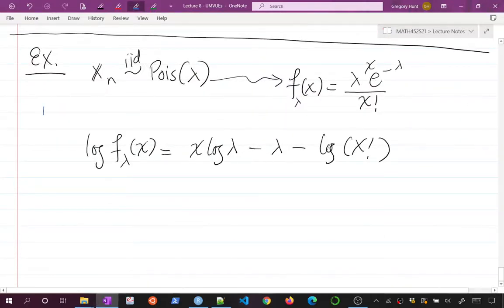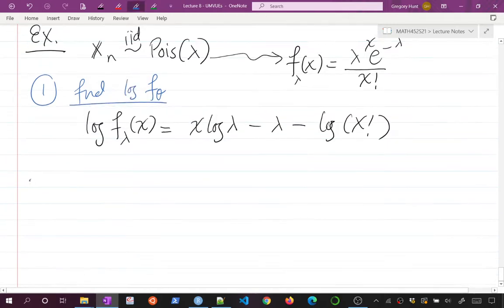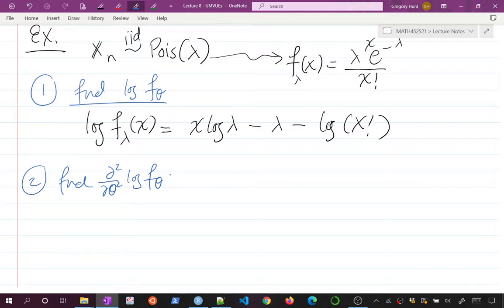So step 1 is find log f theta, let's call it, generically. Step 2 is find two derivatives of this, d squared d theta squared of log f theta. Right, so you can see why at the beginning of the lecture I said you have to be careful about what's random and what's not.